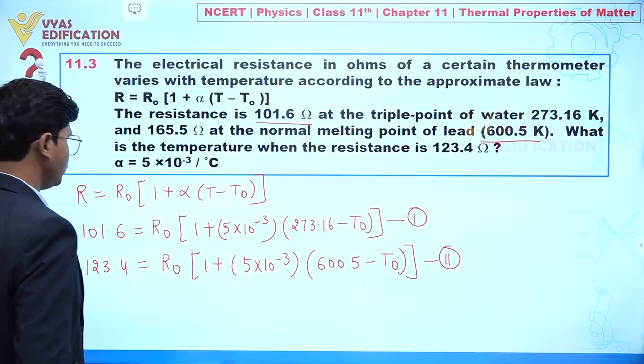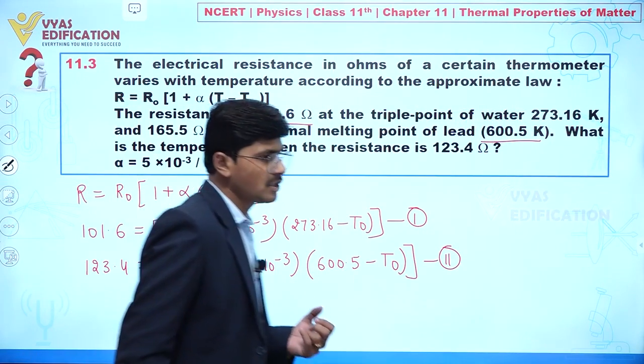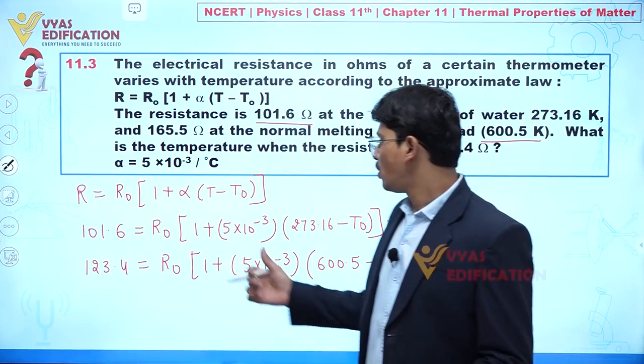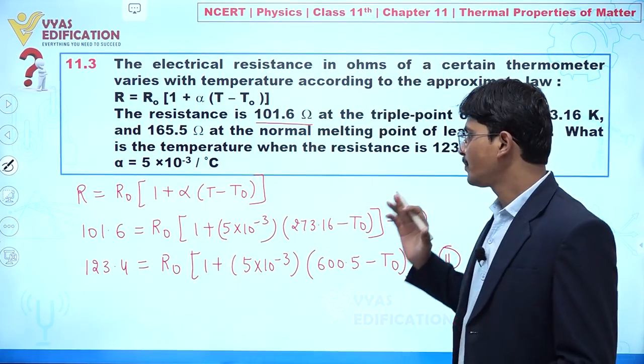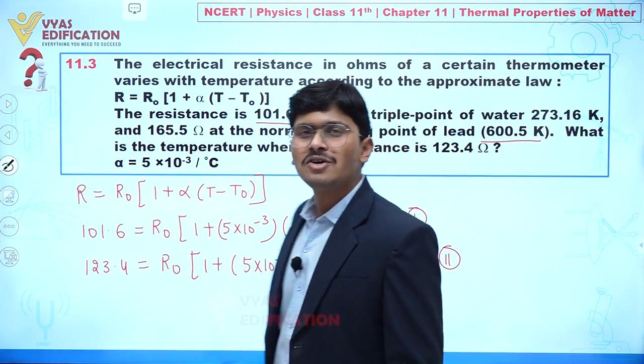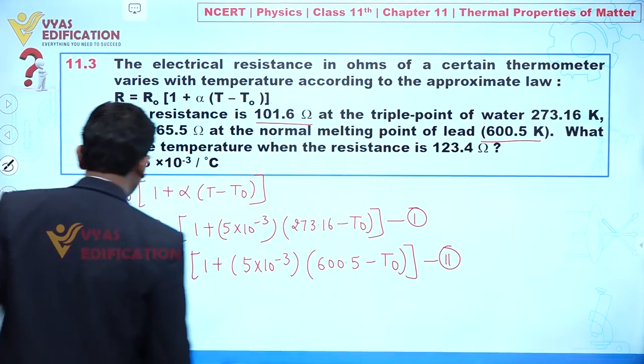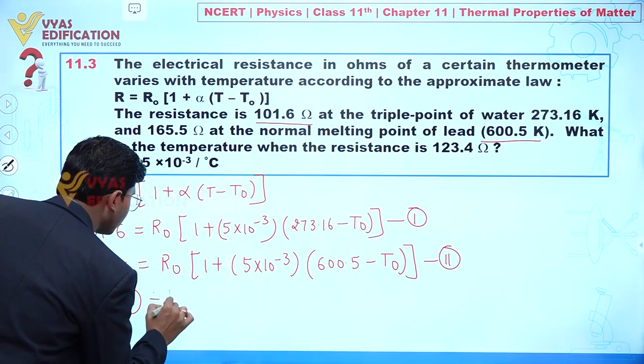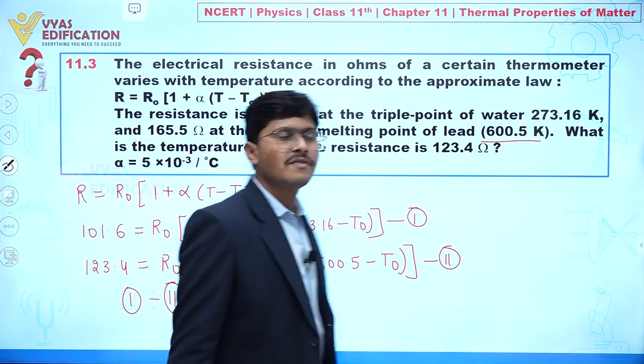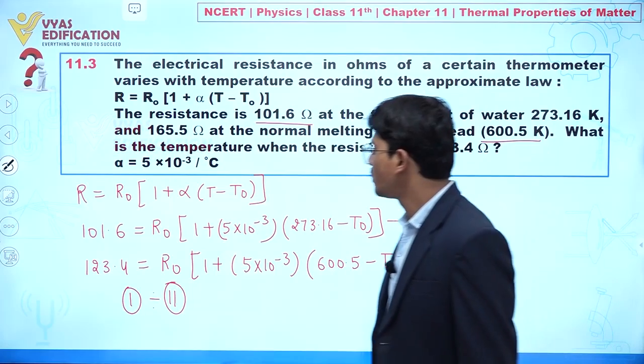So our first objective is to calculate the values of R naught and T naught. How can we calculate them? For that you can divide equation number 1 by equation number 2.